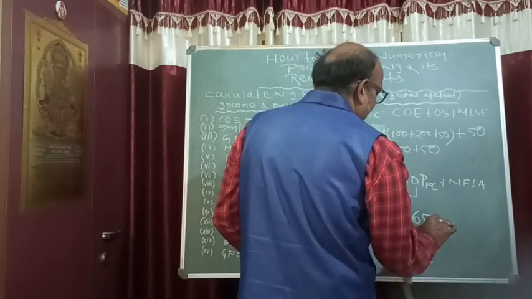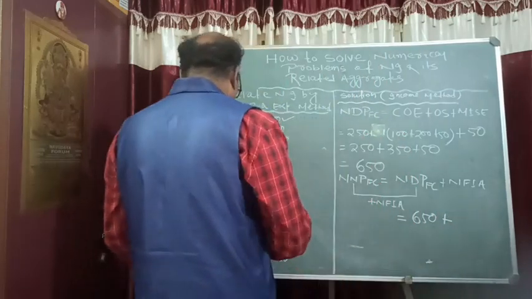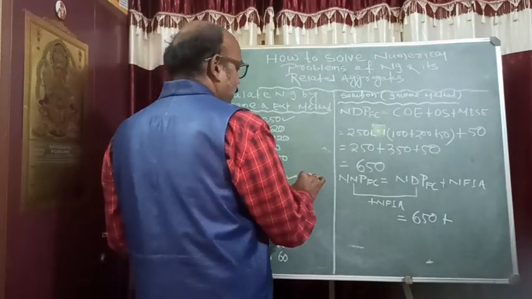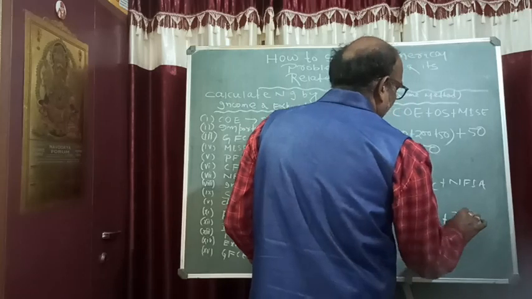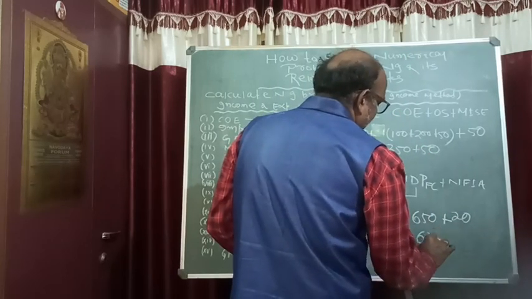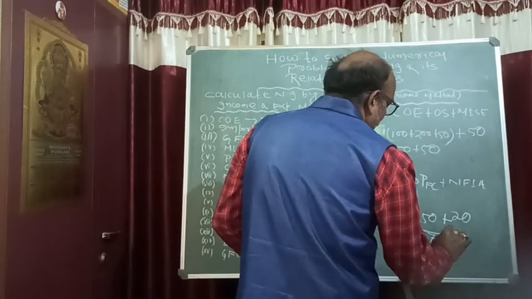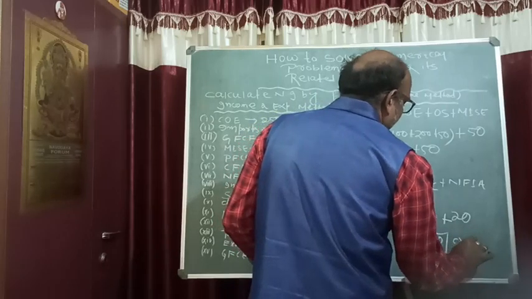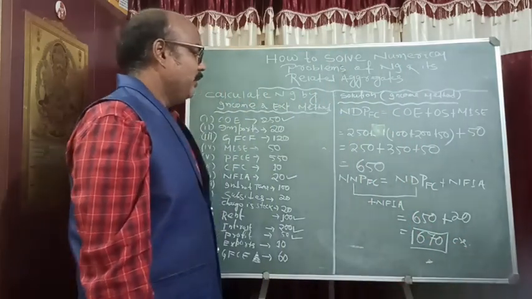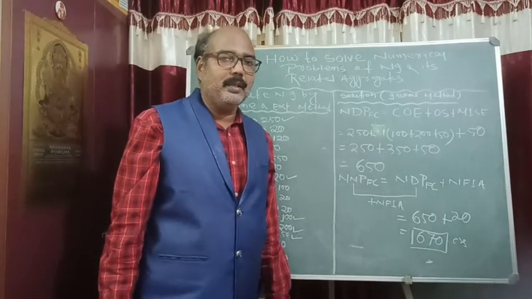NDPFC is 650 plus NFIA. NFIA is 20. So plus 20 is equal to 670 crores. That is your national income through the income method.